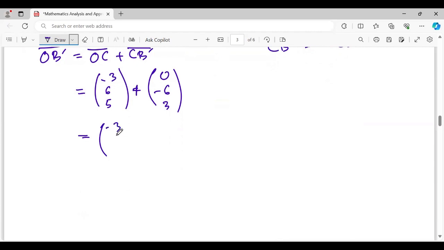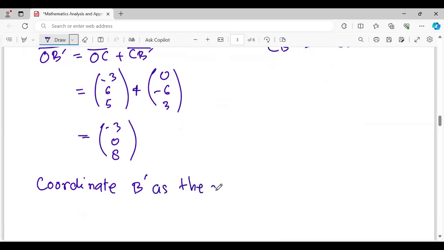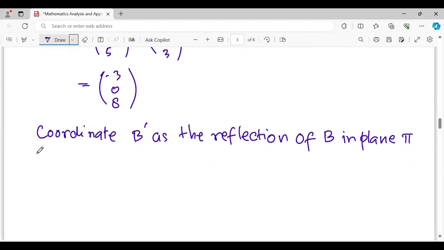It becomes (-3, 0, 8). So the coordinates of B image, the reflection of B in plane pi, is (-3, 0, 8).